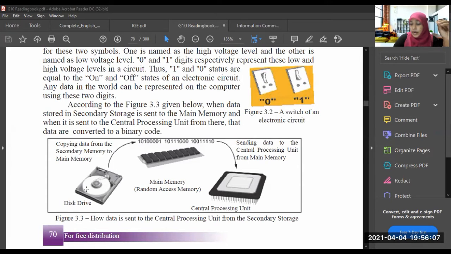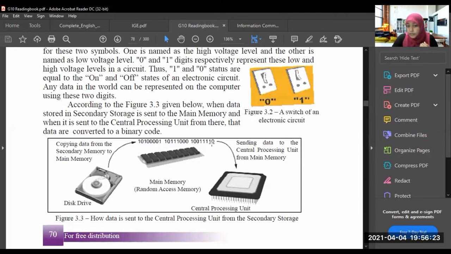So when you copy the data from the secondary memory to the primary memory, it copies like this. So this is data, right? This is a kind of data, but we can't understand that. Then the main memory sends this data to the central processing unit.